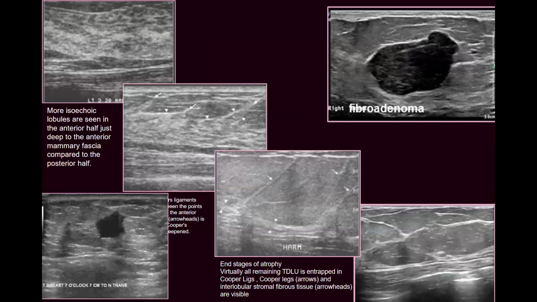And do you remember why the lesions are completely surrounded with fat if the breast is fatty? Because we said that during involution, the TDLUs and ducts are entrapped and left within the Cooper ligaments, from where these lesions arise.